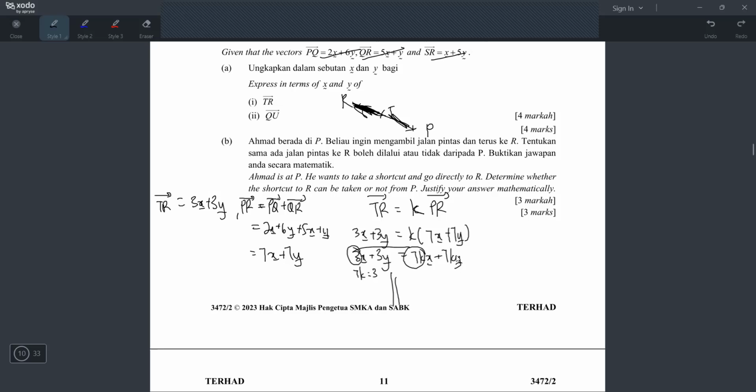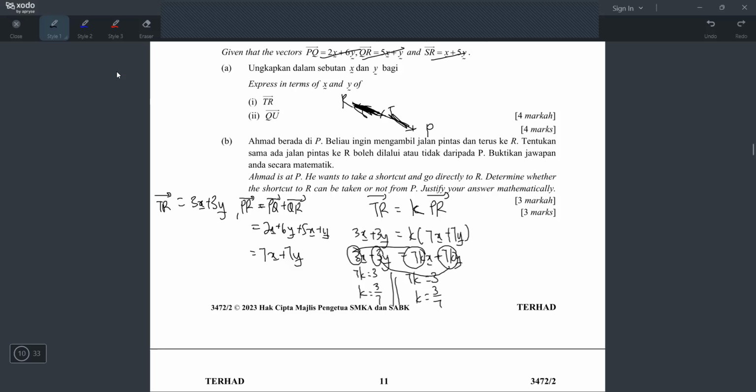And then the coefficient of y will be 7k on this side, on the other side is 3, and then connect them together, 7k equals 3. You try to find k for both sides. If both sides you get the same answer for k, then it means they are definitely parallel. If not the same, then no, they are not parallel. So now this one is 3/7, this one 3/7. As you can see, the k here and the k here give you the same exact value.